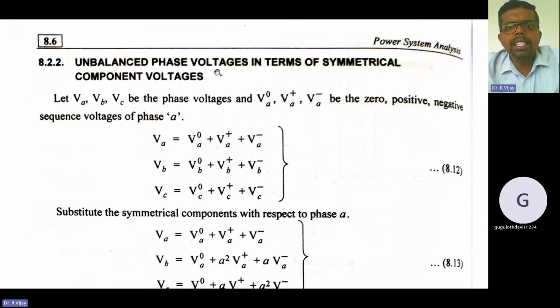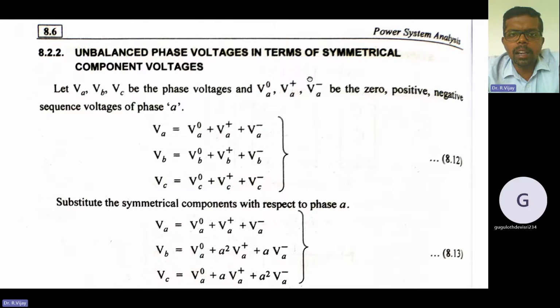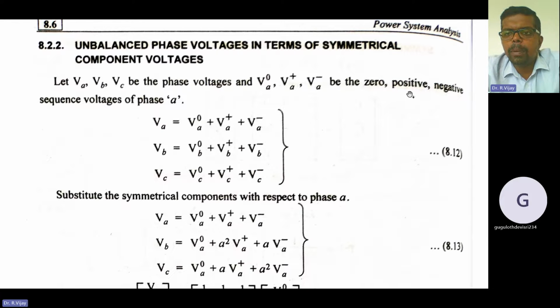Here, unbalanced phase voltage in terms of symmetrical component voltage. Similarly to IA, IB, IC being the phase currents, let VA, VB, VC be the phase voltages, and VA naught, VA plus and VA minus be the zero, positive and negative sequence voltages of phase A. So here, what is VA?